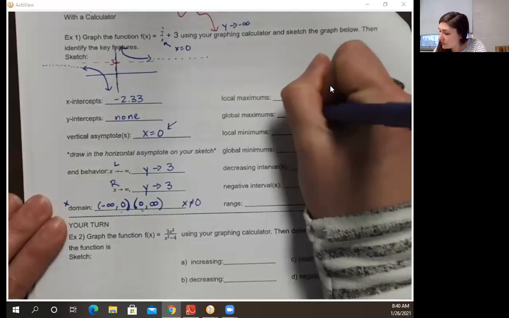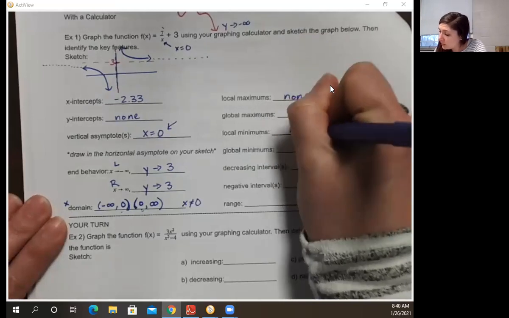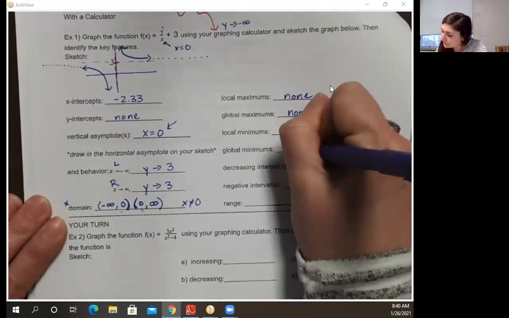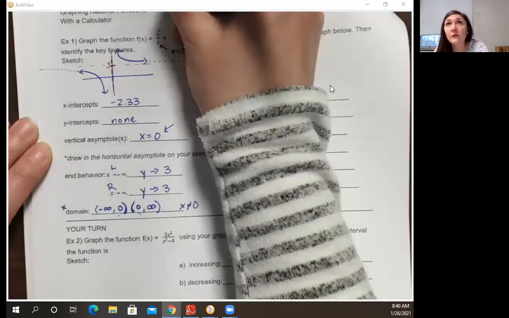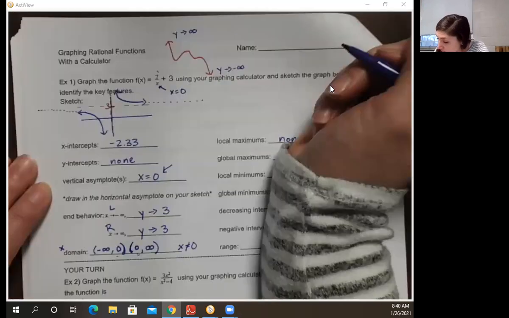Remember, just as a reminder, local minimums and maximums are points that are the highest point or the lowest point for that area, but not the highest or lowest point on the entire graph. So a hill, but you have a bigger mountain, or something like here, where my graph actually goes up forever, but I do have a hill here.